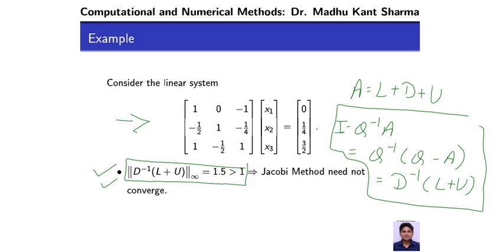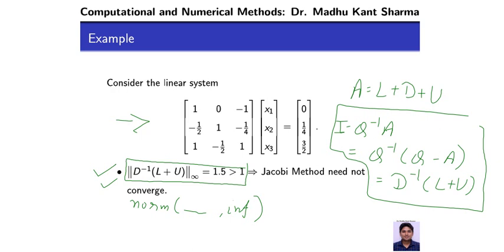Okay. Now note that if you calculate the infinity matrix norm, it comes out as 1.5. That you can check with the help of a Matlab code. The infinity norm already exists as a function. So you can just use the function norm, with the matrix, and comma inf.